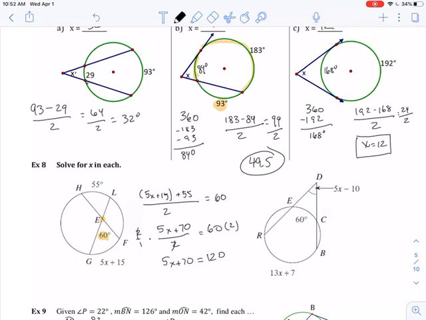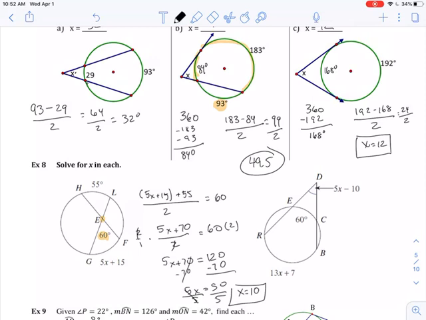And then I need to subtract 70 from both sides. So that gives me 5x equals 50. Divide by 5, divide by 5, and I end up with x equals 10.